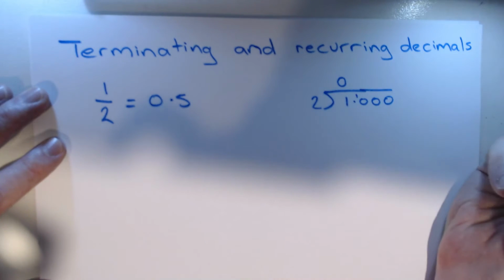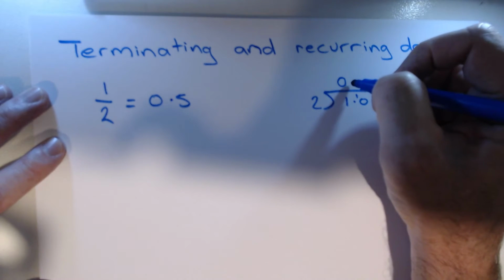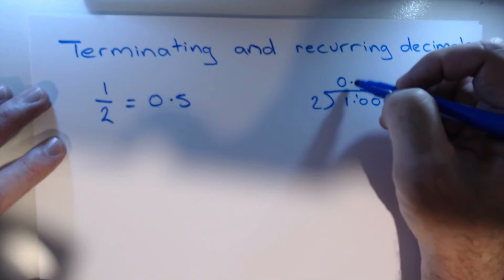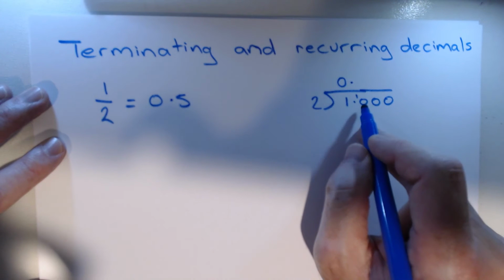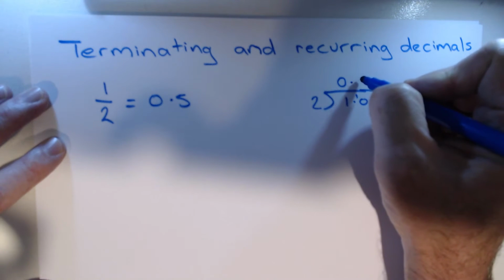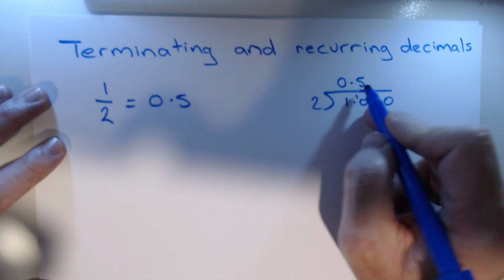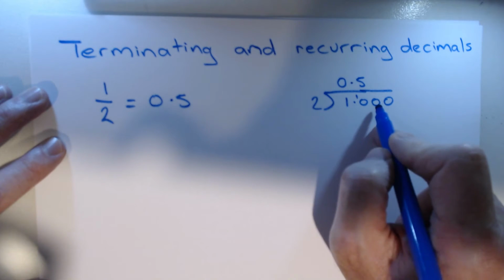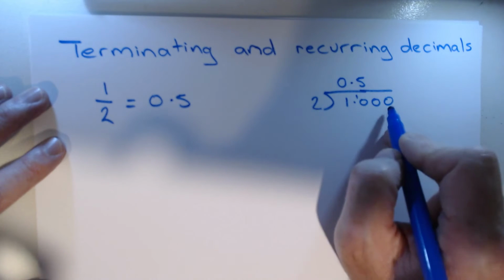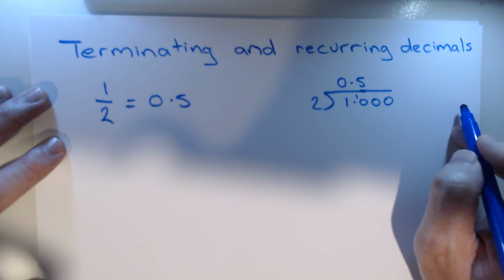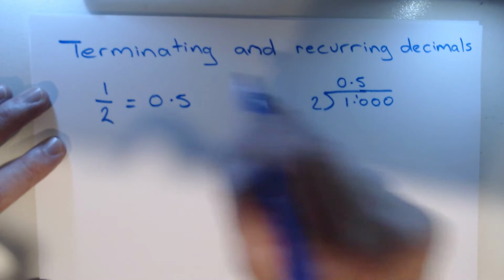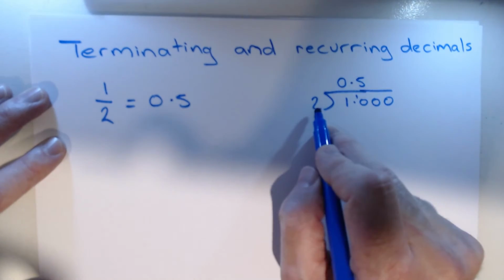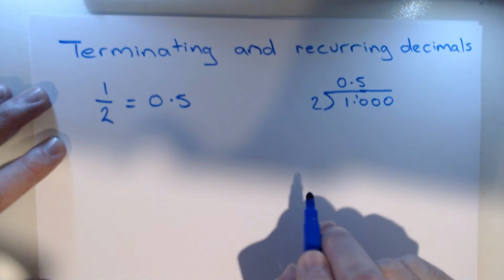We carry our 1 on to the next decimal and we put a dot up the top to show that this is now a decimal. 2 goes into 10 5 times. And you'll see there's no remainder. 2 goes into 0 0 times, and so on forever. And so we can write this terminating decimal as 0.5.